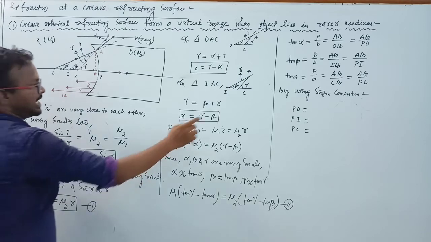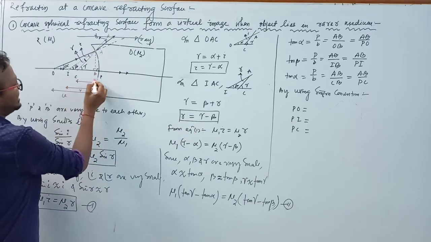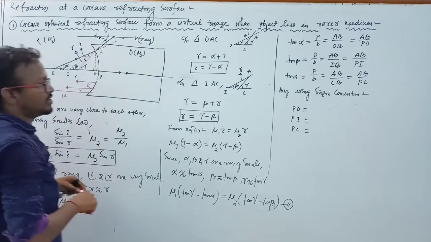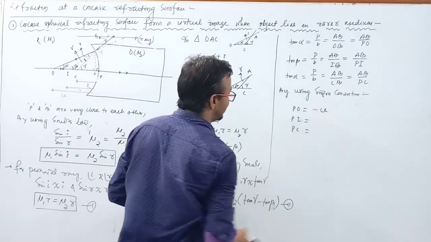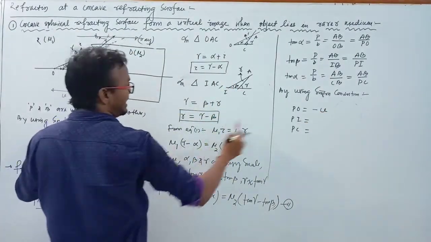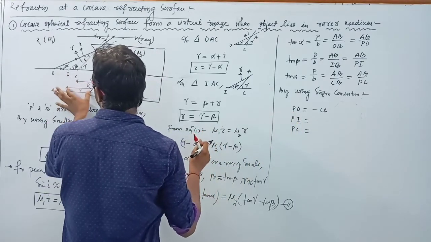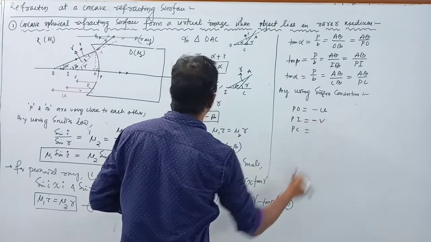So first we have to find PO. This is the object distance, and this distance is always measured from P to O, meaning opposite to the incident ray. So this can be written as minus u. The object distance here is minus u. Similarly, here the quantity is PI. PI means the image distance, which is also opposite to the incident ray, that is minus v.